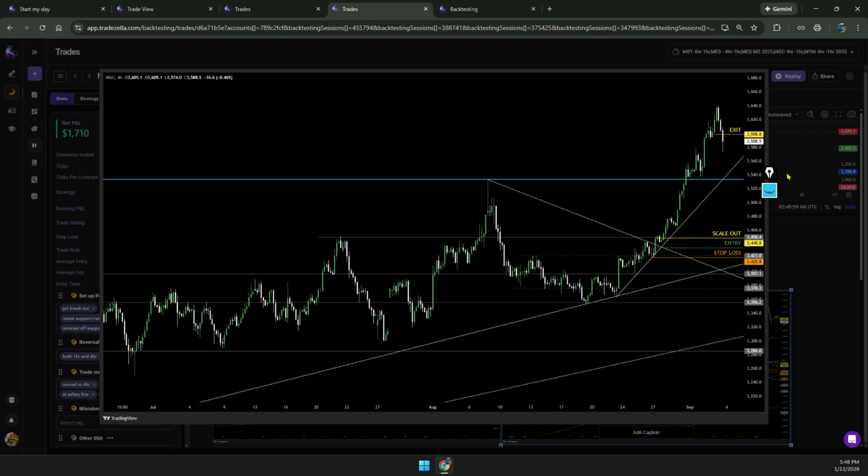Remember, my last stop was just below this point. Now I'm looking at the 4-hour candle, and I see a good candle here, so I want to put it underneath there.